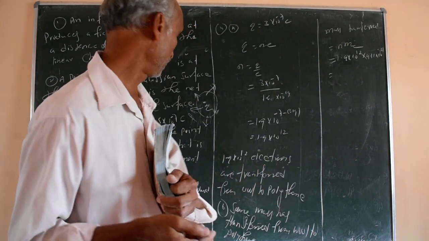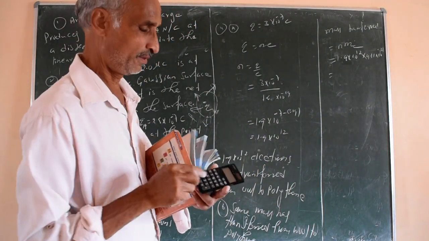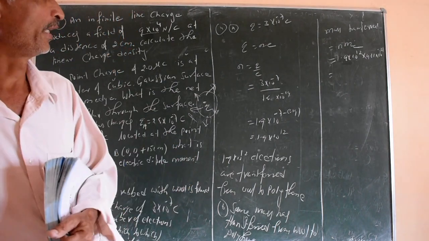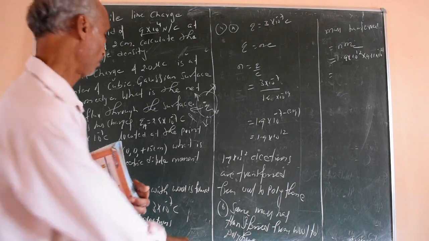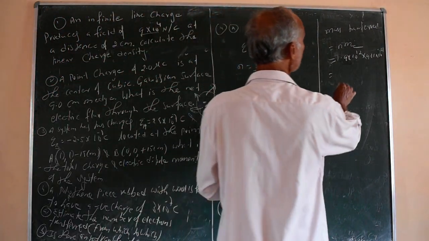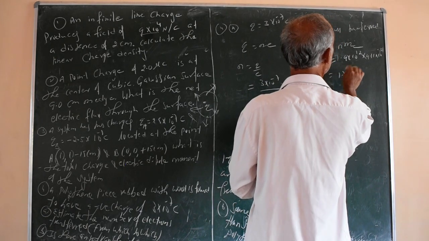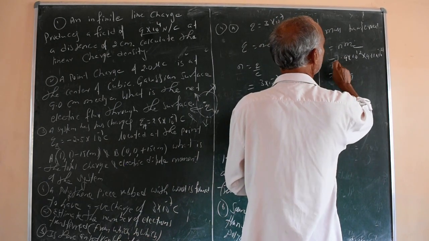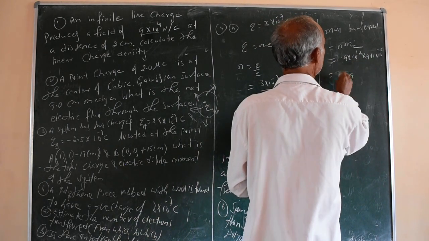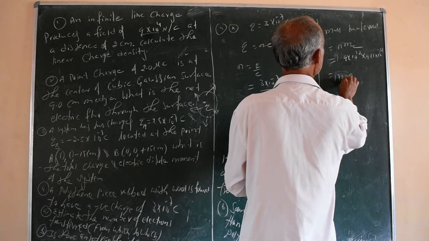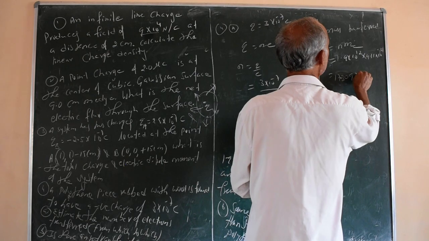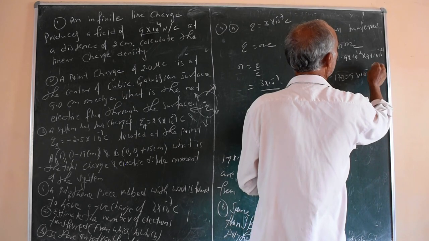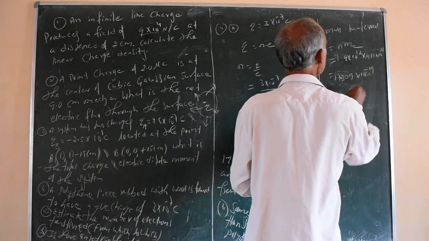Multiply 1.9 into 9.11. 9 ones are 9, 9 nines are 81, so the product is 17.309. Therefore, it is 1.7309 into 10 to the power of 12 minus 31, that is 10 to the power of minus 19, that much kg.